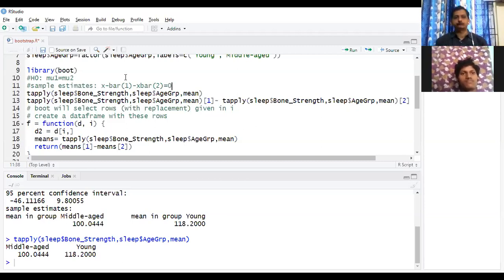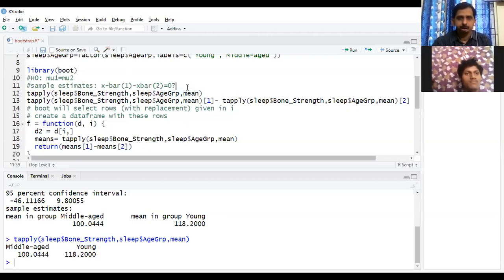That is what we are trying to measure now. So we are testing that the average difference obtained from the data between the young age group and the middle aged group is equal to 0. That is what we are trying to address. To do that, first we have to compute means. This is what we have done.